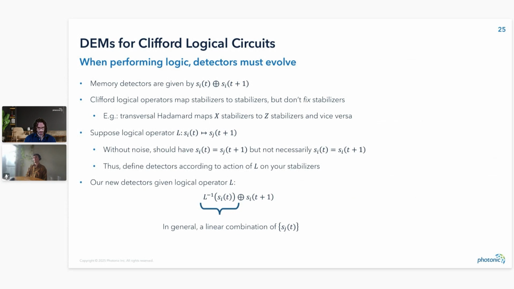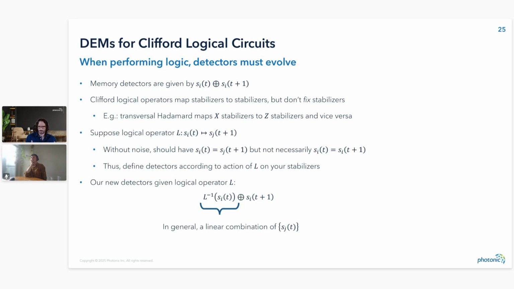So if we take a logical operator which maps stabilizer I to stabilizer J, then really we should compare the value of stabilizer J at time t+1 to the value of stabilizer I at time t, because there's no reason that the stabilizer value of stabilizer I needs to match itself in adjacent time periods when you're performing this logical operator.